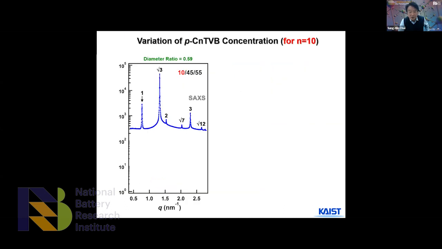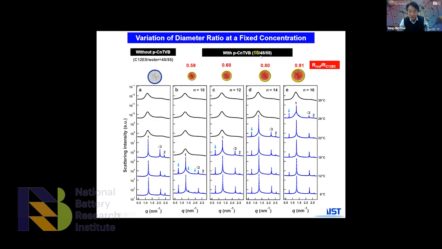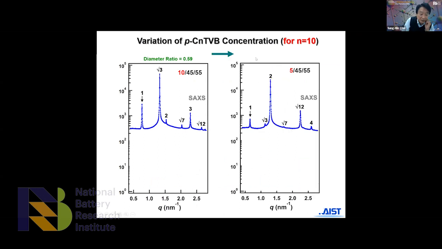So now we go a little bit further. Here we kept the size ratio of the nanotube the same, but we put in the same particle with a different amount. Here 10, now here 5, nanoparticle with different amounts. Now as you can see, a difference shows up here.